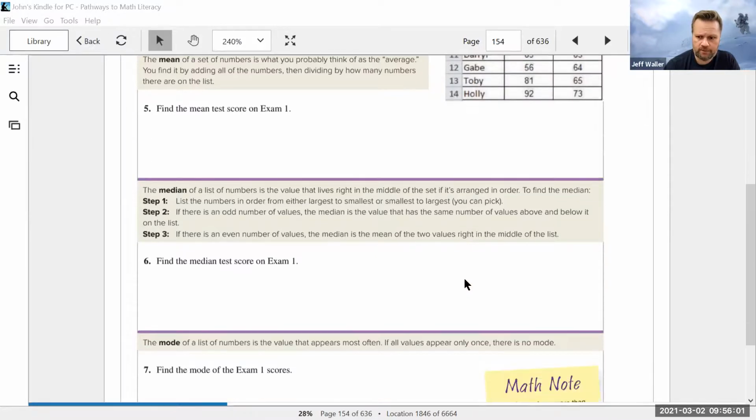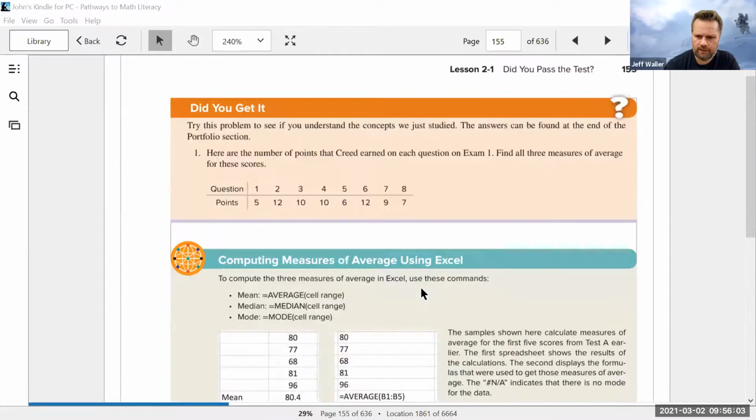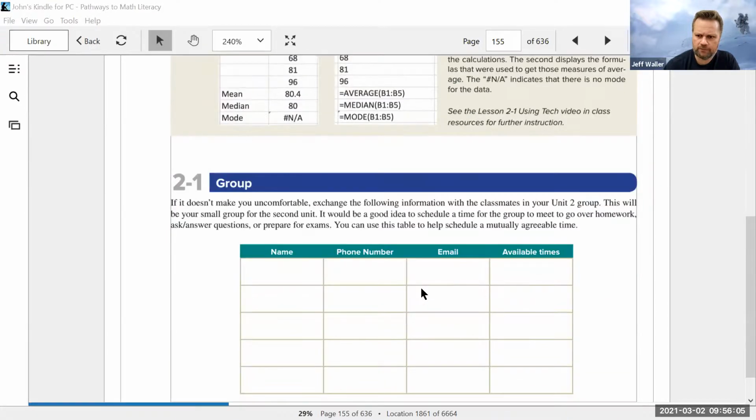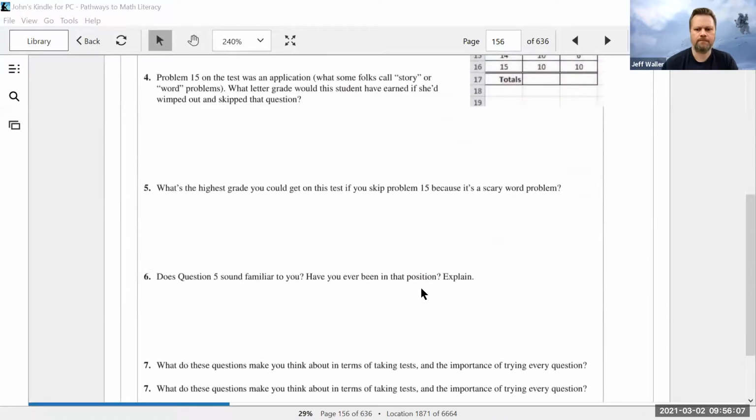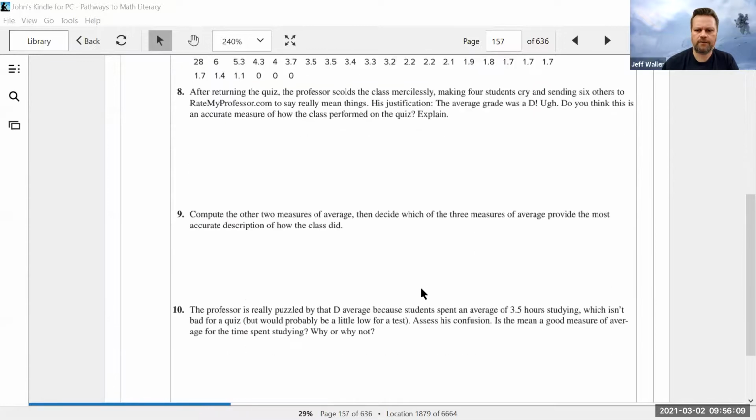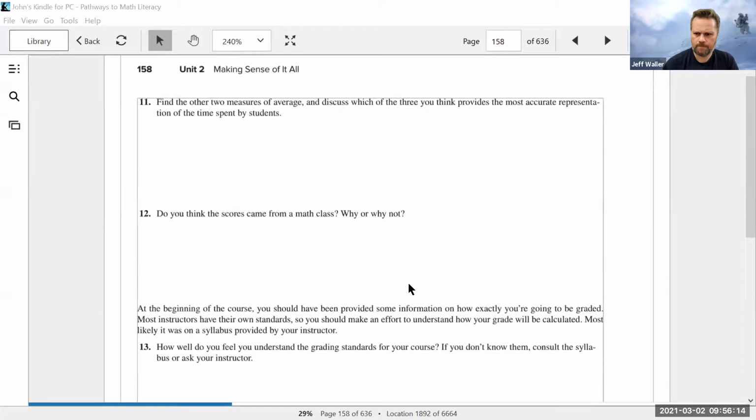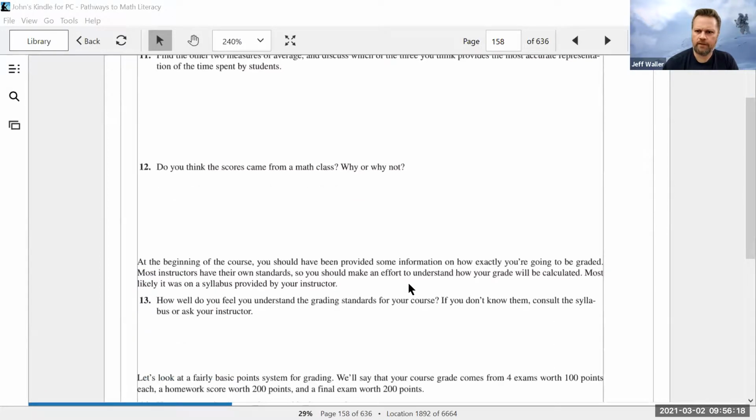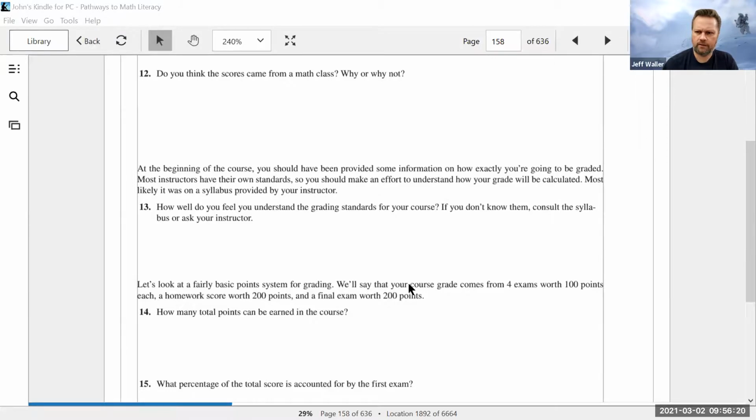It's the middle, but they don't give you that n plus 1 divided by 2. That's very useful. All right. Let me see if there's anything else. Okay. I want to make sure I don't miss anything for you guys.